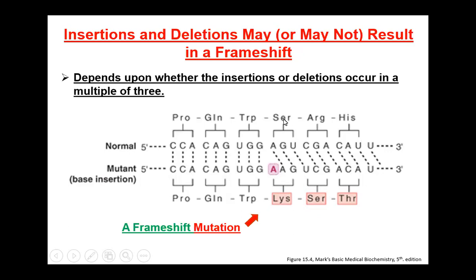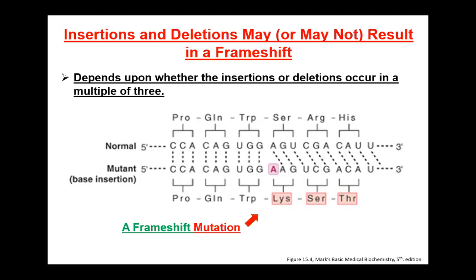So instead of coding for serine, arginine, and histidine, this mRNA with the insertion mutation is now coding for lysine, serine, threonine, and you can imagine how this might be propagated all the way down the rest of that mRNA. So a frame shift mutation is going to change the sequence downstream from that mutation.